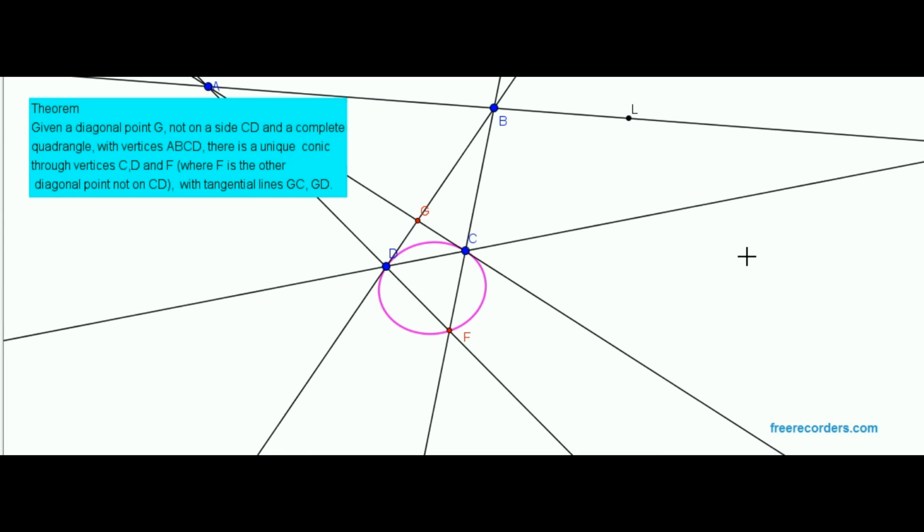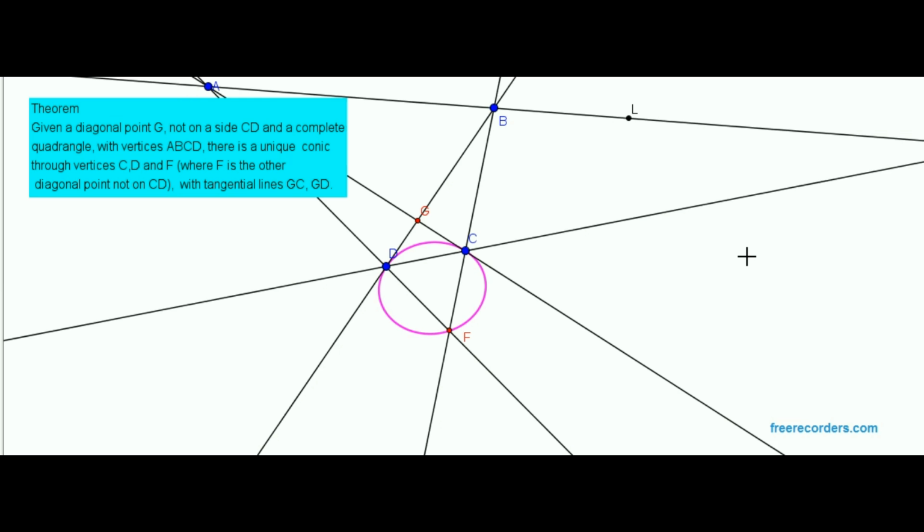We're saying that given a complete quadrangle with vertices A, B, C, D, and given a side CD, and given a diagonal point G, which is not on CD, there's going to be a unique conic which passes through C, D, and F. So there are three diagonal points, one which is on the line CD, which is called E, which we don't think about very much, and two others, G and F.